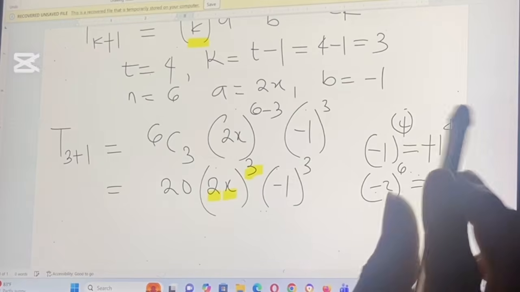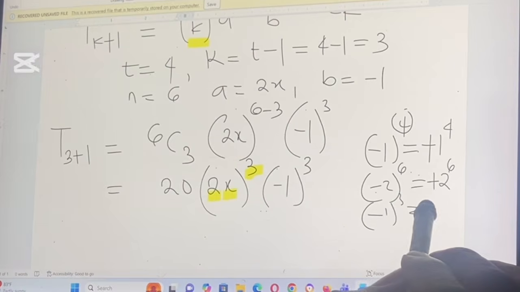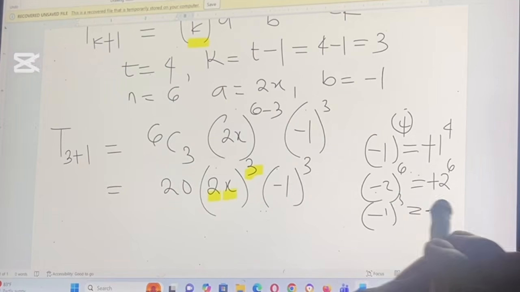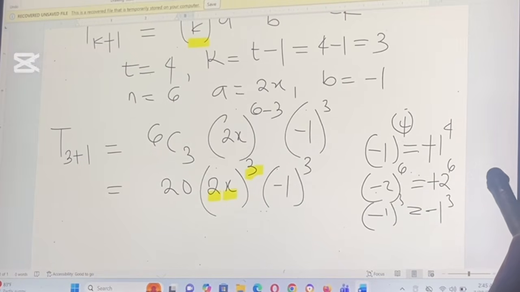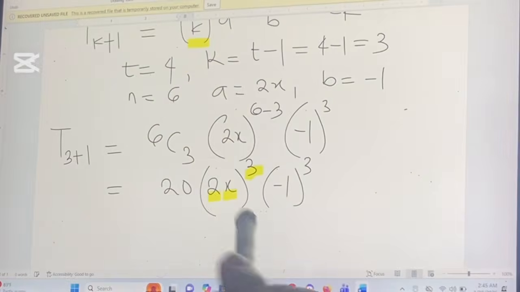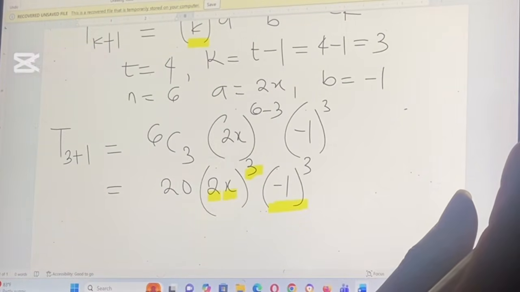Please take note. The same thing here, if I have minus 1 raised to the power of 3, this is an odd power. So the negative will appear, the result will be negative, and this will be 1 raised to the power of 3. Please take note. And 1 raised to the power of 3 here is 1. If you apply the same concept in this part here, our result will be minus 1.